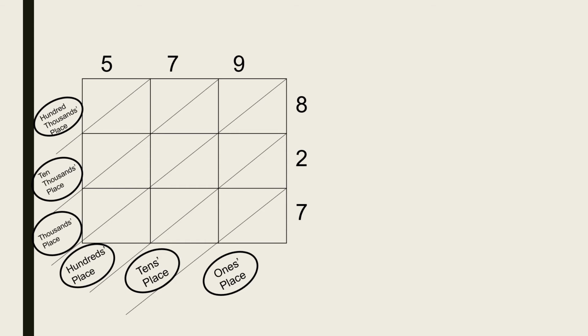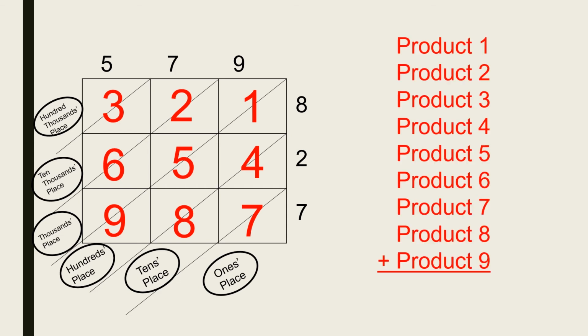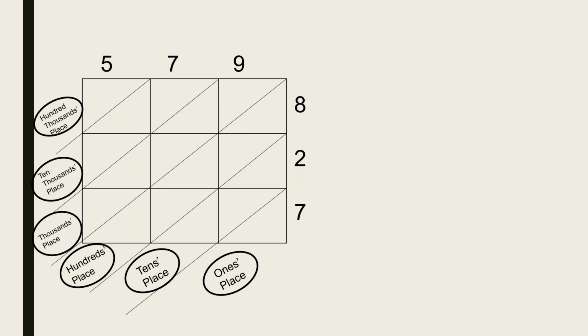What you'll notice is that we had 9 different boxes that corresponded to 9 different mathematical operations, hence the 3x3 grid. And each of these operations or boxes corresponded to a product that we added to get to our answer. So in this case, we had 9 different products. And we went about solving for each of these products by filling out the lattice along each of the 3 rows.